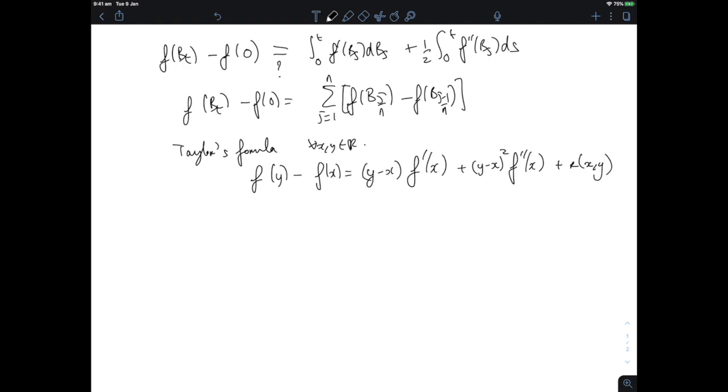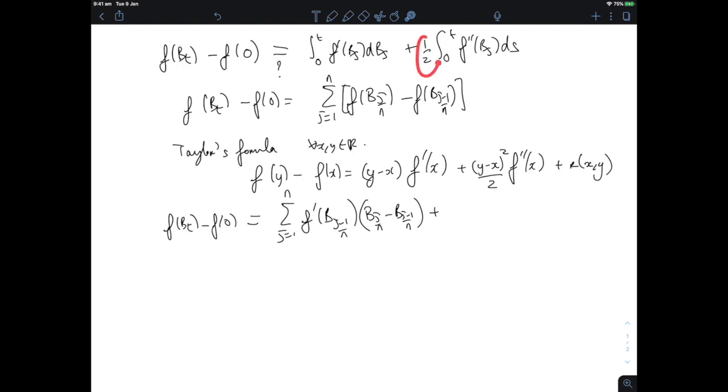Now, applying Taylor formula and my telescoping sum, what I have is f of B_t minus f of B_0 is equal to what? Well, it's equal to the sum j equal 1 to n of f prime of B_{(j-1)/n} times B_{j/n} minus B_{(j-1)/n}. Very good. Plus, what is it? I forgot the 1/2 in my Taylor formula.